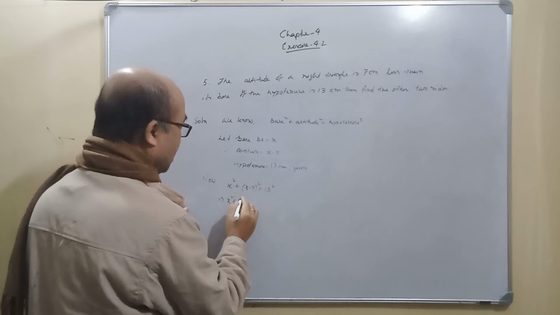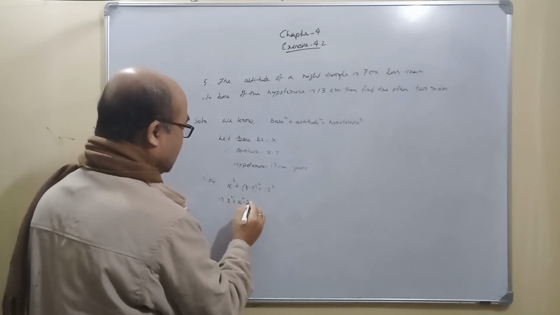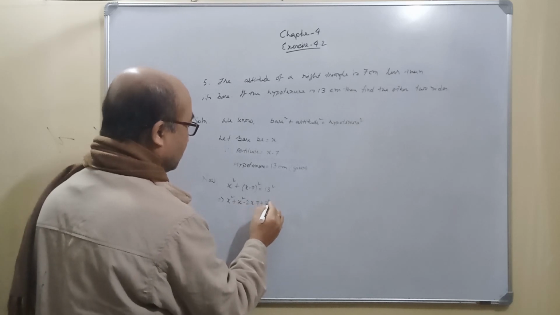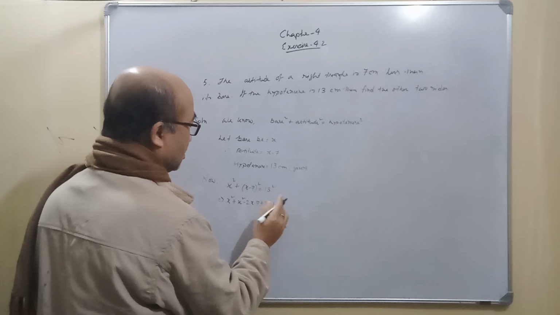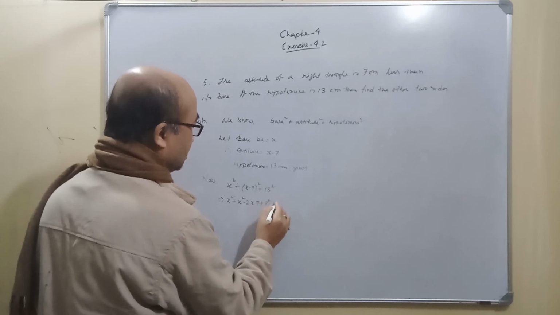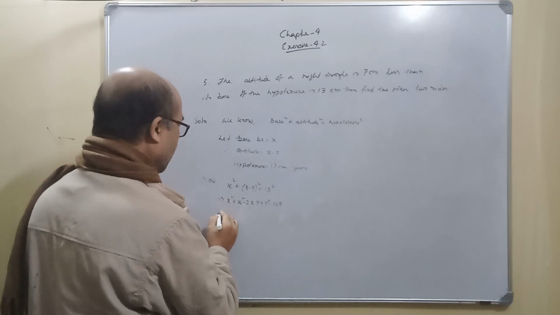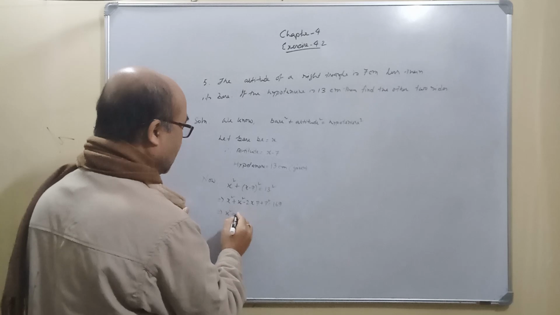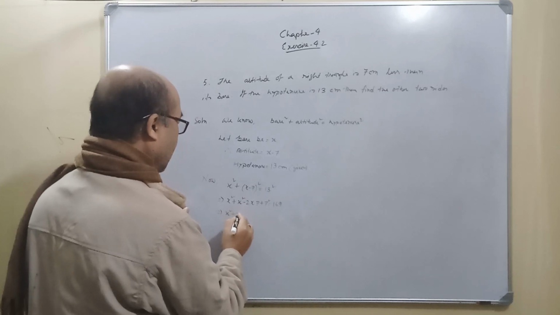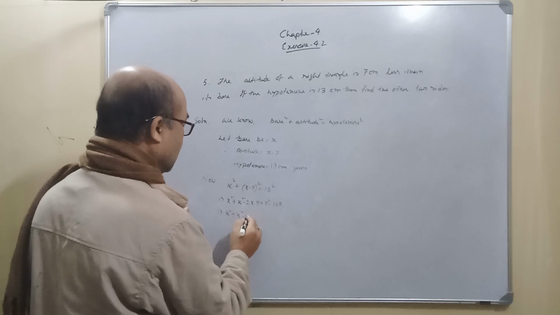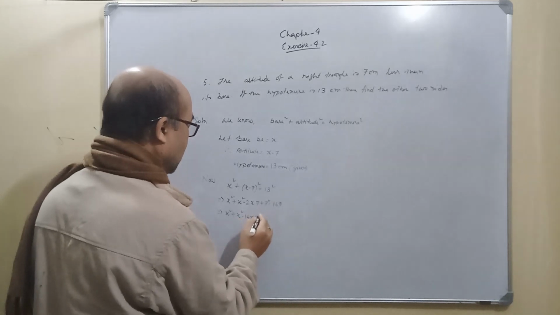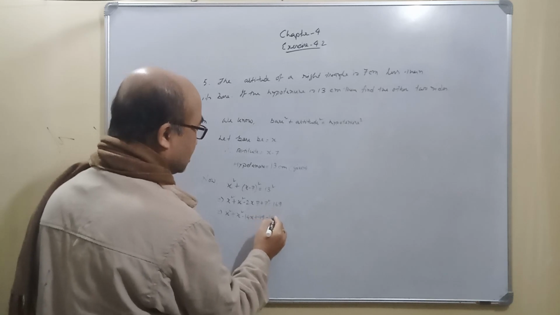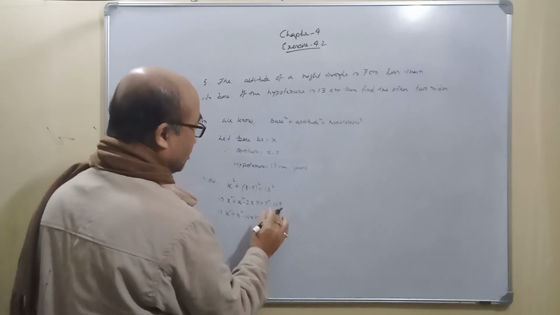So expand it. a square minus 2ab plus b square, minus 13 into 13, 169. This is equal to x square plus x square minus 14x plus 49 minus 169 is equal to 0.